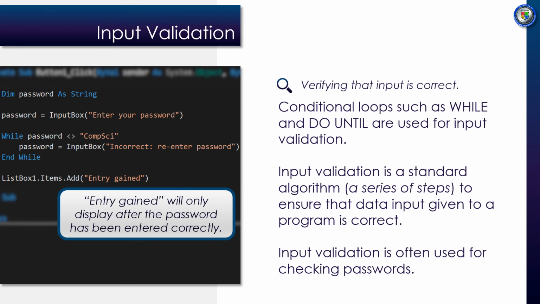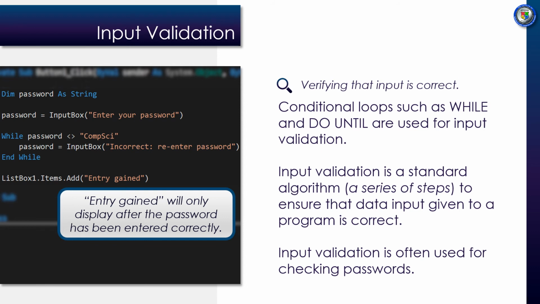If that condition is true and password is not comp sci, we will enter the loop, giving the user a new opportunity to enter that password. We will then go back round the loop and check the condition again.